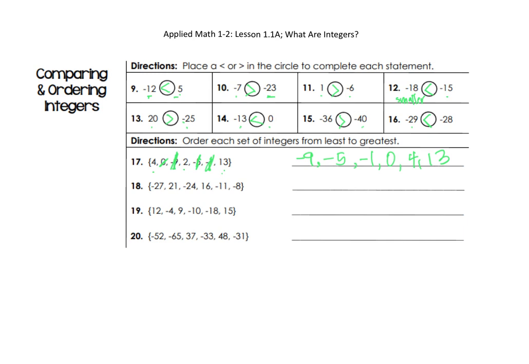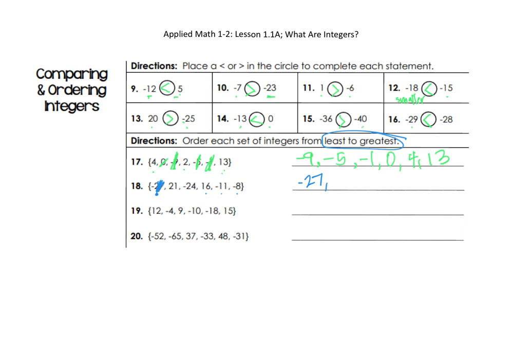Okay, our next set, we still are doing this from least to greatest. We're doing least to greatest for all of these. We have -27, 21, -24, 16, -11, -8. So again, the smallest number will be the largest negative number, which would be -27. Cross it off.